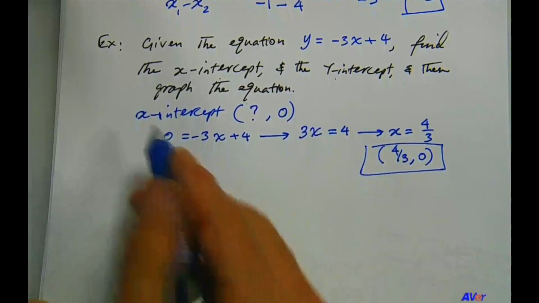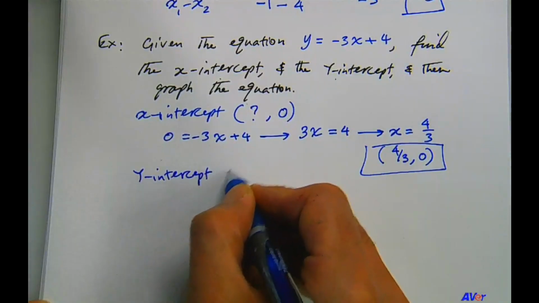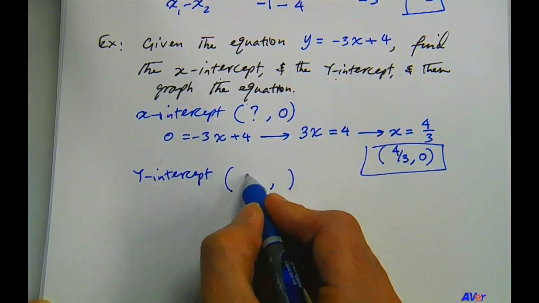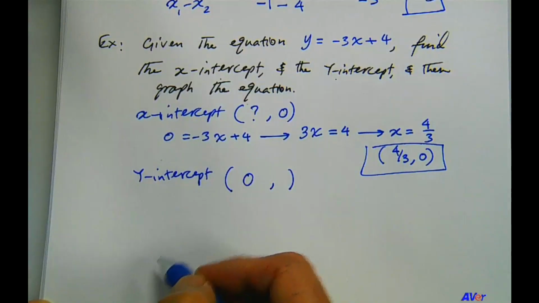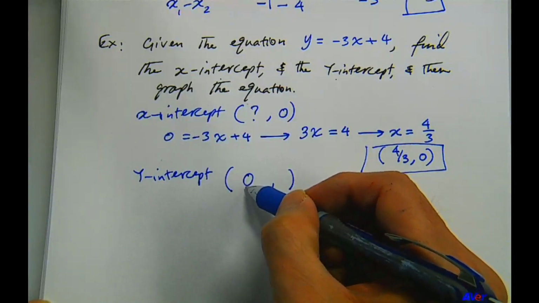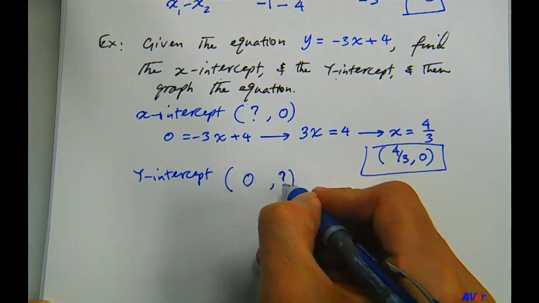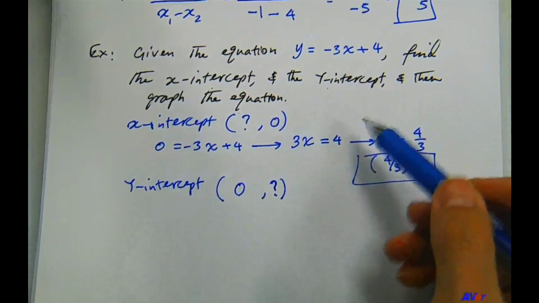For the y-intercept, we know that the x component must be 0, because this point is on the y-axis. So the x has to be 0, and then we're going to find out the value of y. How is that?